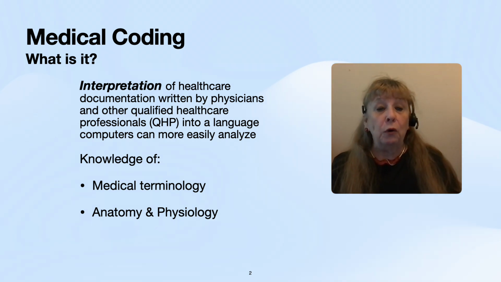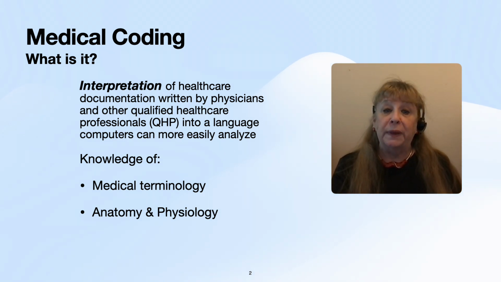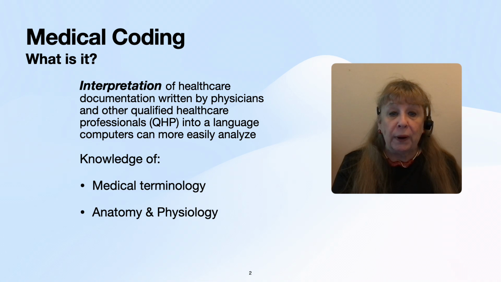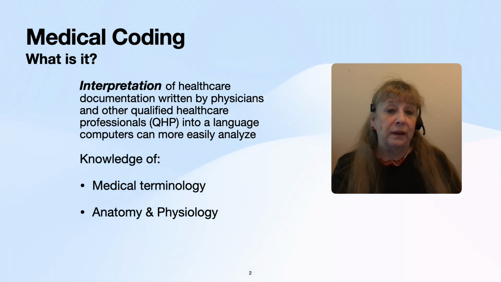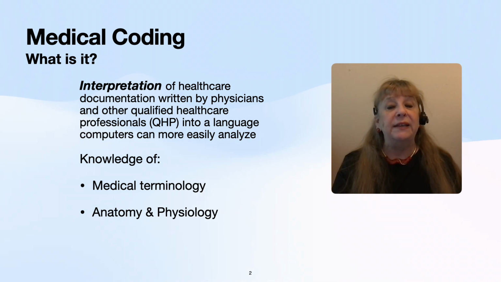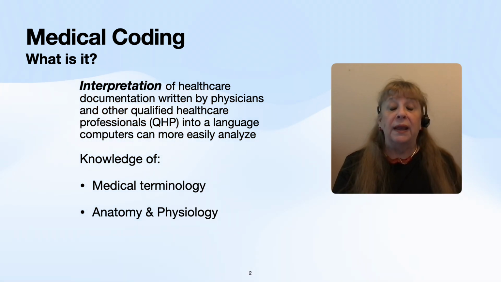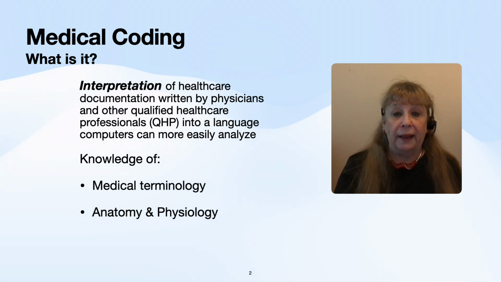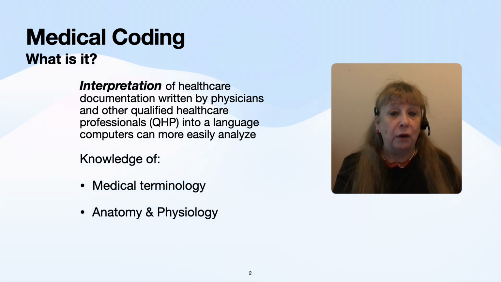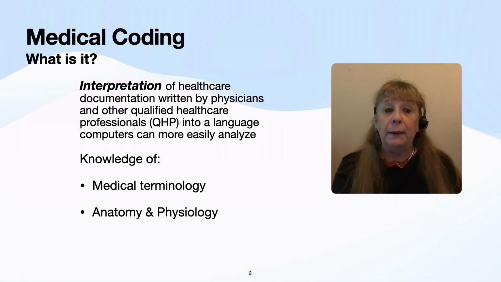Now, the medical coder is going to come after that and read all that information and interpret all of those details into special codes to make it easier for the computers to analyze exactly what is going on. And we're going to discuss why that has to happen, the benefits of that, in a minute.